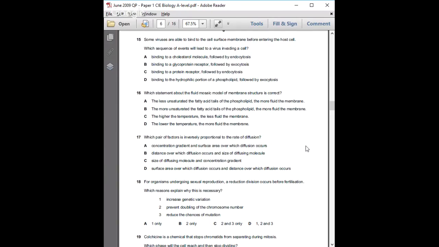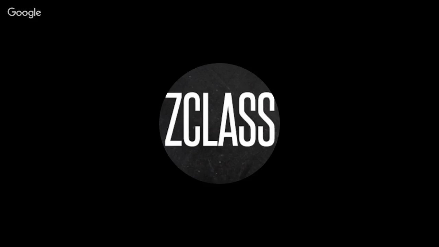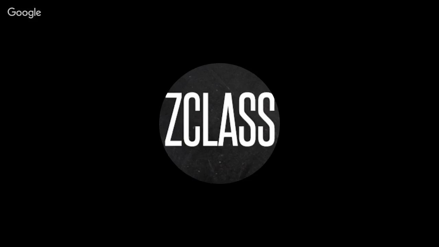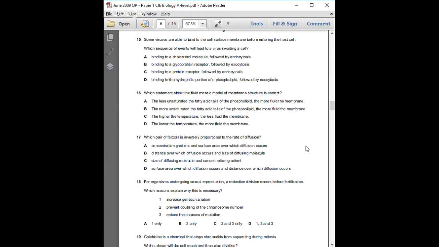Good. Do you know what that protein capsule is called? No. It's the capsid. You've got the capsid made up of capsomeres, which are protein subunits. That protein coat, the capsid, will bind to a protein receptor on the cell surface, and then endocytosis and so forth. Okay, good. Next question.